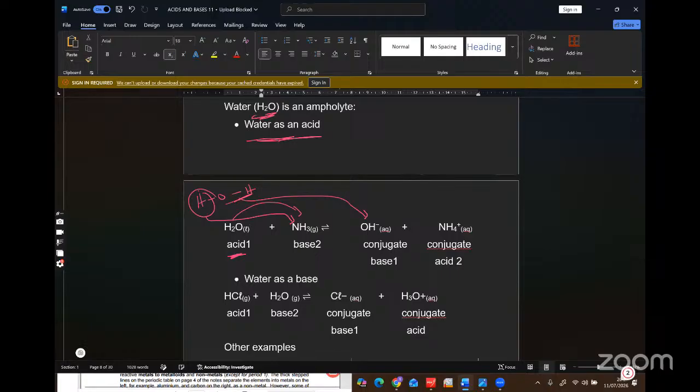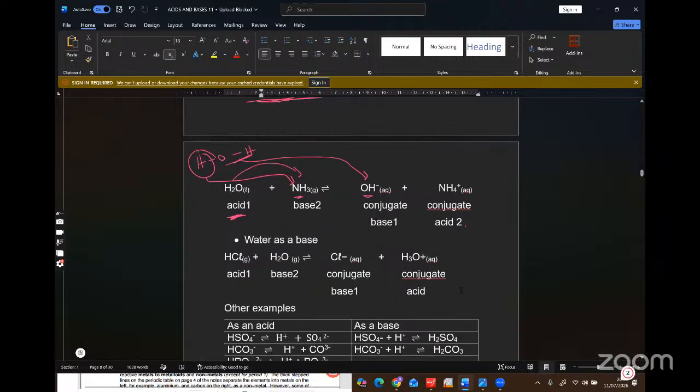It's acting as an acid here because it's donating a proton, it's giving a proton, and its conjugate base is this OH. Now, this one accepts the proton, and then its conjugate acid becomes this one. So basically, this is how water behaves as an acid. Now, water can also act as a base in the presence of another acid.